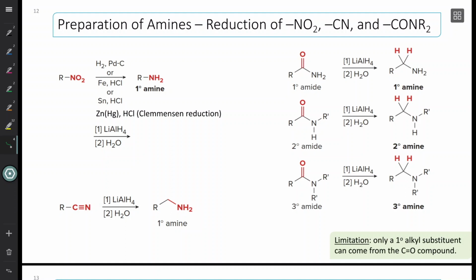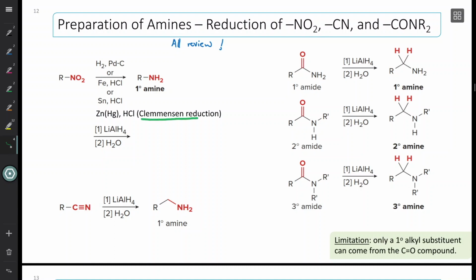So you can also prepare amines through reduction reactions, and we've seen this already. So this is basically all review, right? There are many ways to reduce a nitro group. We've looked at hydrogen over palladium, or iron in acid.